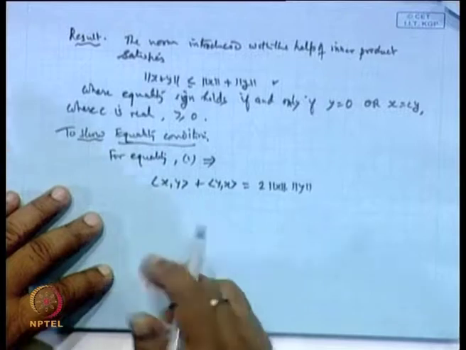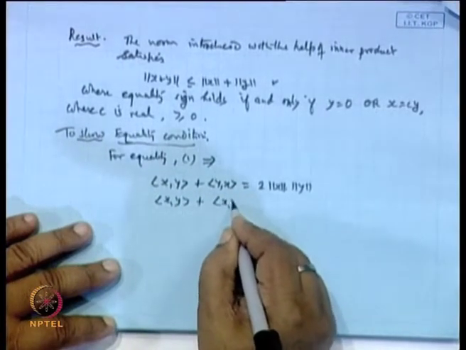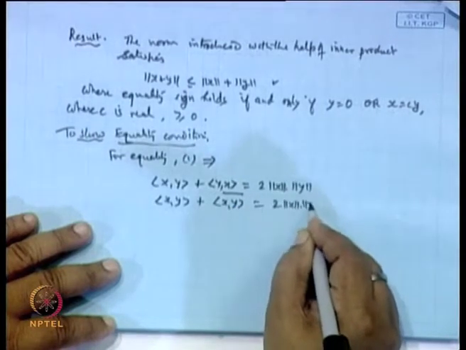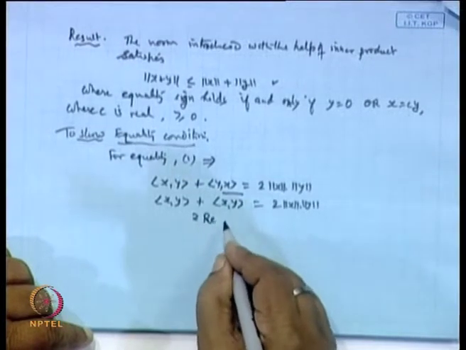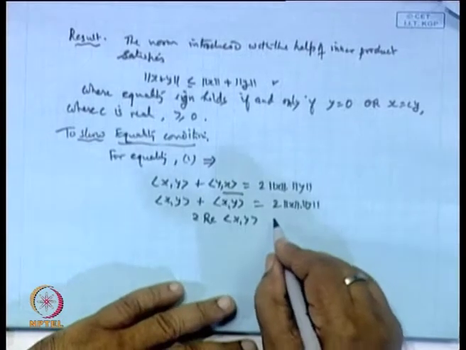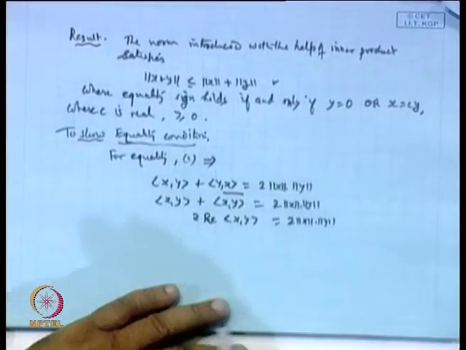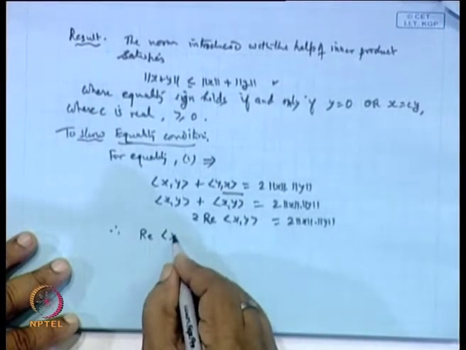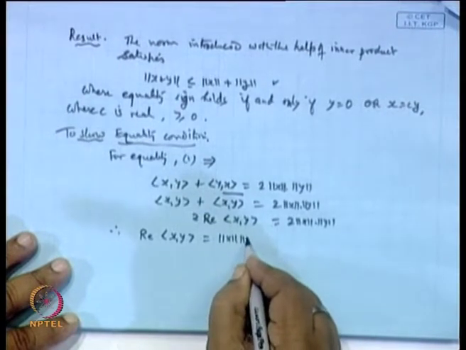But is it not the same as x y plus conjugate of x y, which is 2 times norm x into norm y, and this is equal to 2 times the real part of x y, which is equal to 2 times norm x into norm y. So, this shows the real part of this inner product is the same as norm x into norm y.